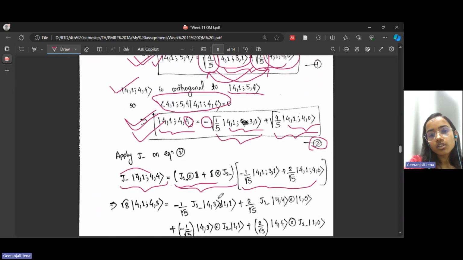Now what you can do, so you know that this J1 minus will only act on the first state, okay, the first uncoupled state. So it will act on 3 and it will reduce the value of m to m minus 1.